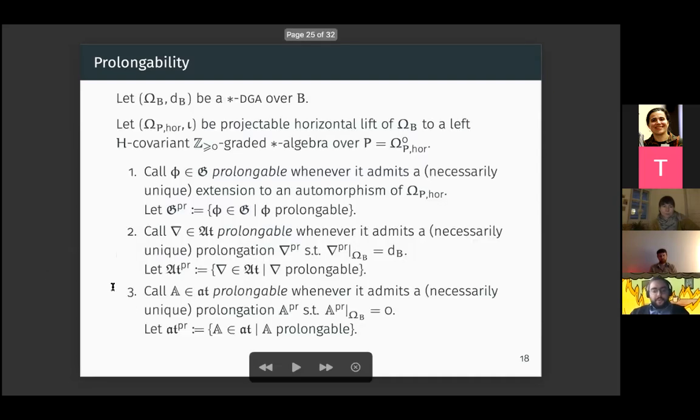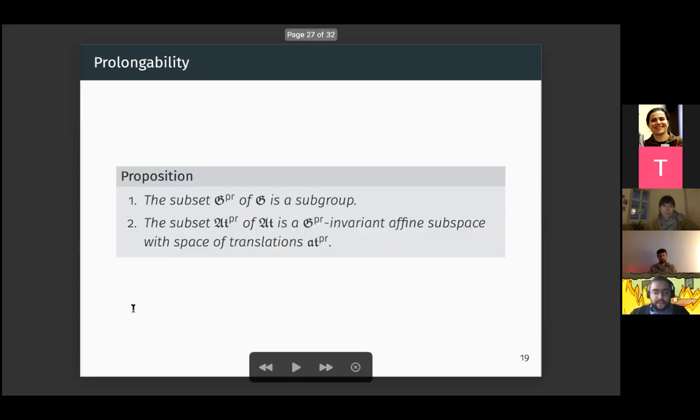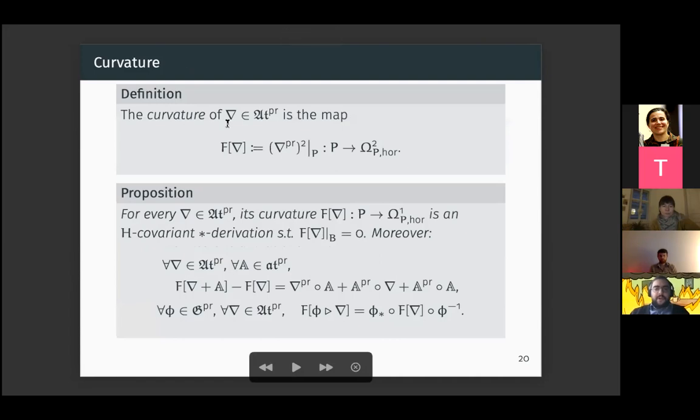So once you have all this, what's curvature? Well, if you have a prolongable gauge potential, you take the prolongation squared. That is completely determined: it maps P to horizontal 2 forms and it kills everything else. Now it has some nice basic properties. This curvature turns out to be a covariant star derivation that vanishes on the base.